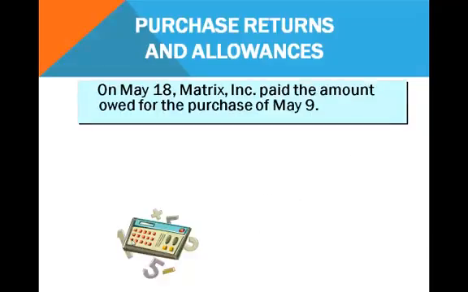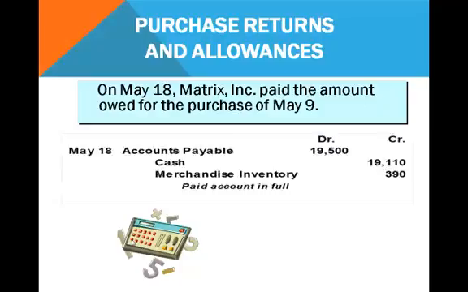Now on May 18th, which is within the discount period, Matrix Incorporated paid the amount owed to the supplier. In this case, they can take a purchase discount of 2% on the amount due of $19,500. Remember, we originally purchased $20,000, but we've sent $500 worth back.